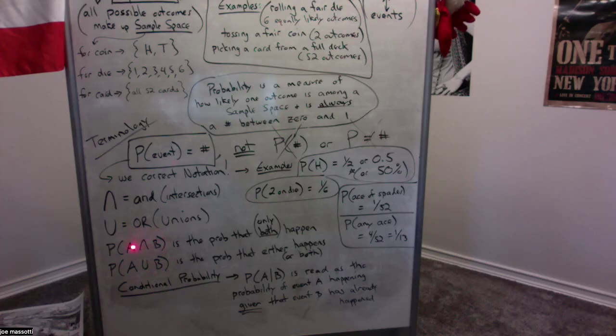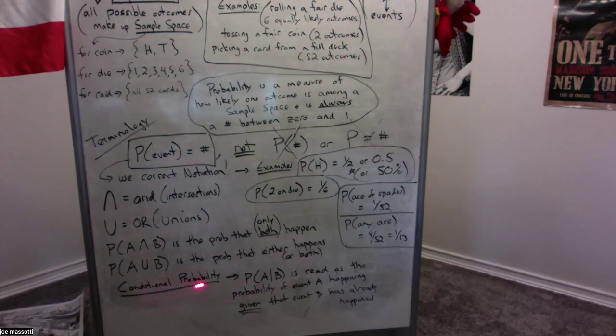These are undefined events. These are just general events. Probability of A or B is the probability that either one of those happens, or both. If they both happen, then one or the other did happen, and it fits the definition of a union. So I want you to get clear on what an intersection is. Means both the events have to happen, or a union of two events is where one or the other happens.